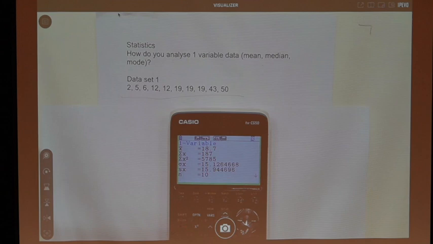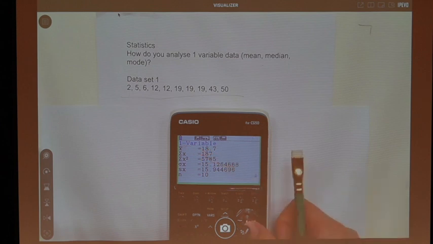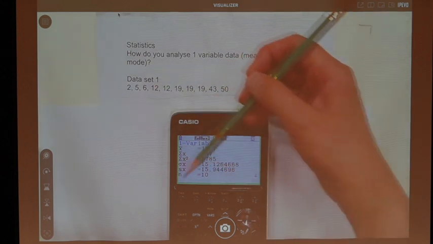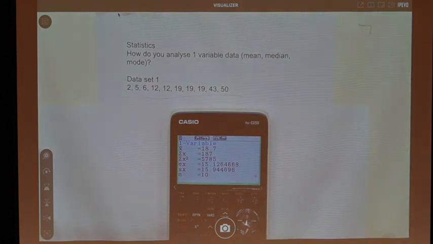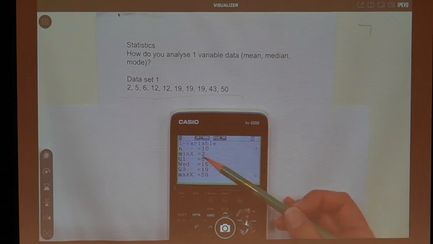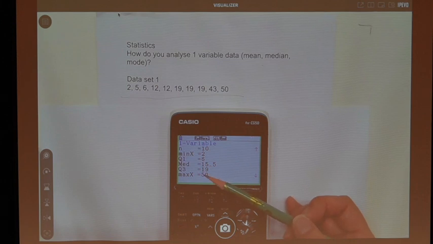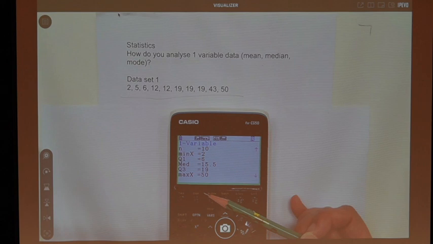Alright, I'm sure you know this already. The x-bar here is the mean. There are 10 data there, n equals 10, so 1, 2, 3, 4, 5, 6, 7, 8, 9, 10. Moving down, we have our minimum, median, also with the Q1 and Q3, which allow us to find the interquartile range.